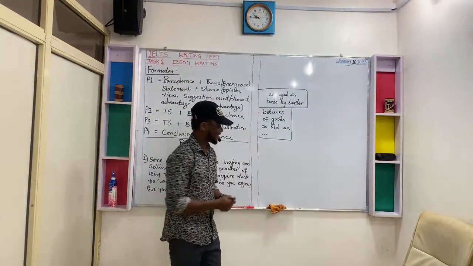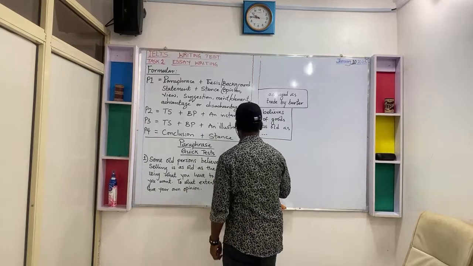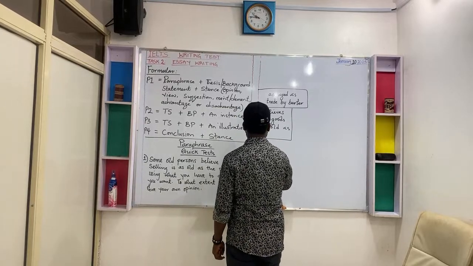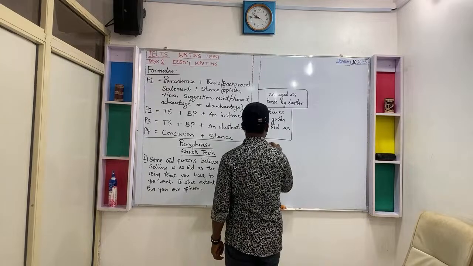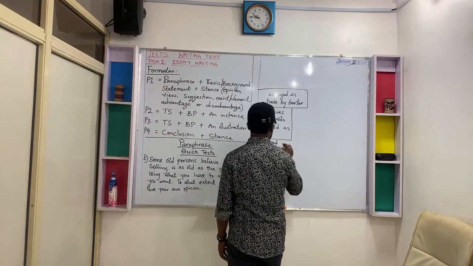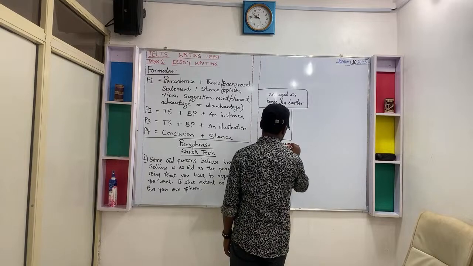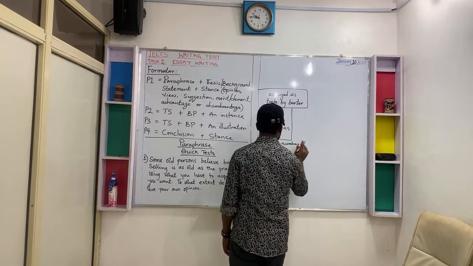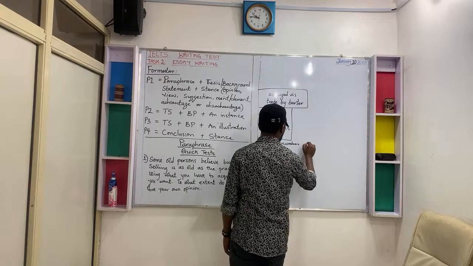Okay. So a good number of aged people believe in trade by barter. Okay, please, you take it gently. I'm taking notes of some of the things you're saying. A good number of, right? Yes. Of what?